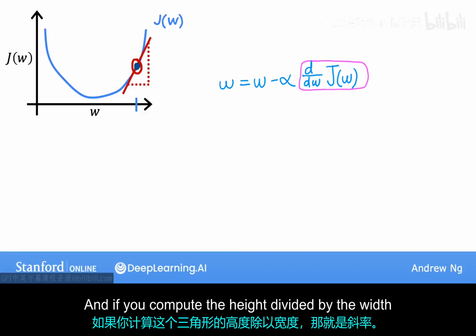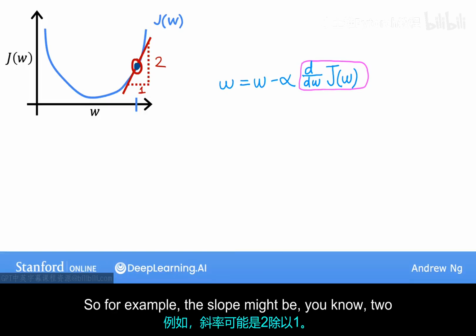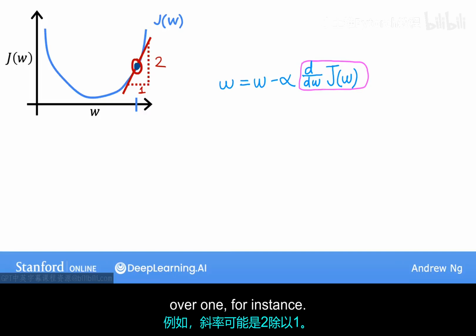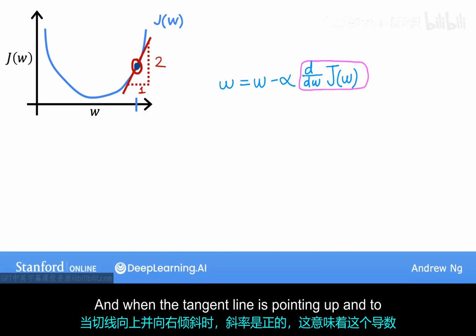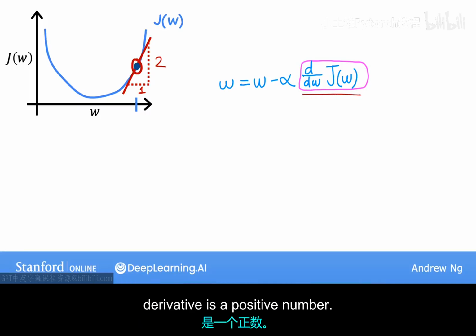And if you compute the height divided by the width of this triangle, that is the slope. So, for example, the slope might be 2 over 1, for instance. And when the tangent line is pointing up and to the right, the slope is positive, which means that this derivative is a positive number, so it is greater than 0.